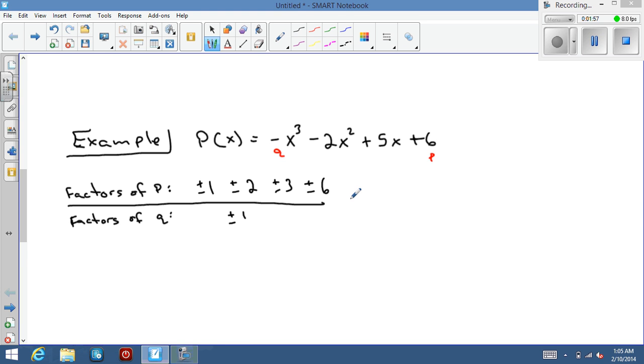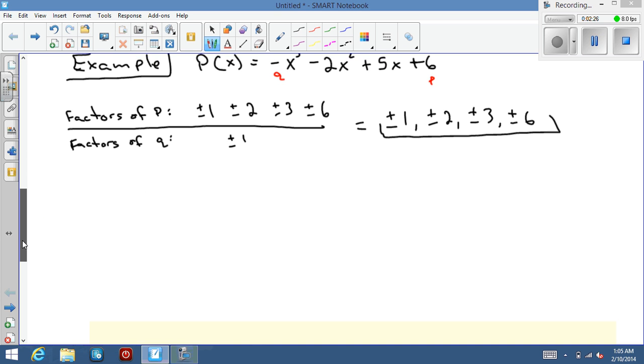Since we have only one denominator, we have just our values of positive and negative 1, 2, 3, and 6. So these right here are my list of possible rational zeros.